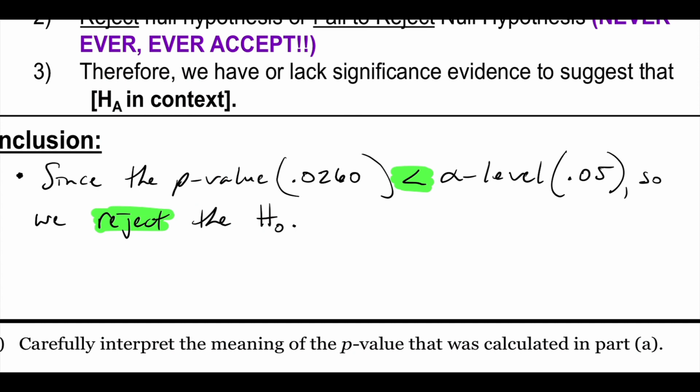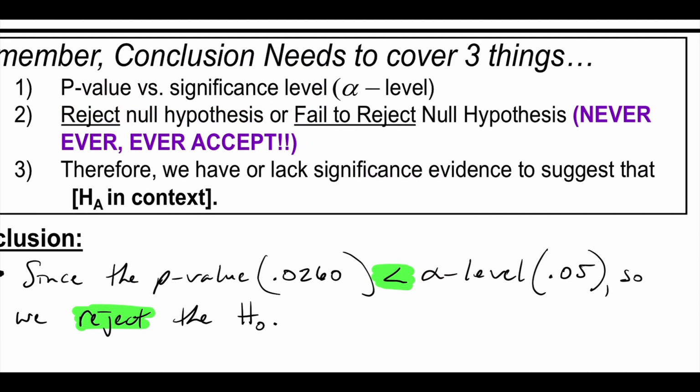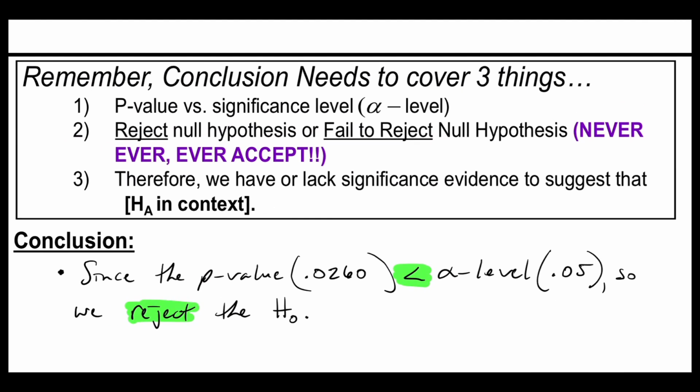Do I have that somewhere on here? I used to color code it. Let's write it here. Less, greater. You kind of had that, but it wasn't color coded. So less than, we reject; greater than, fail to reject.